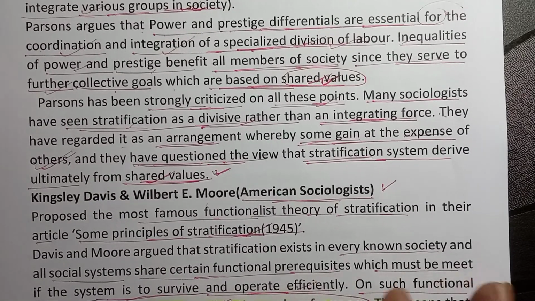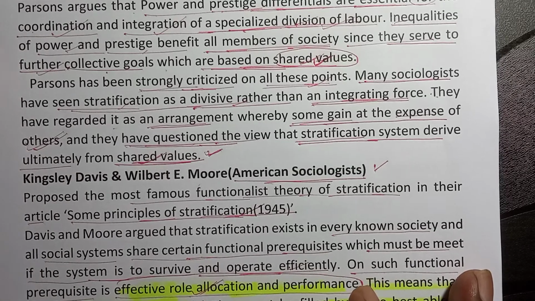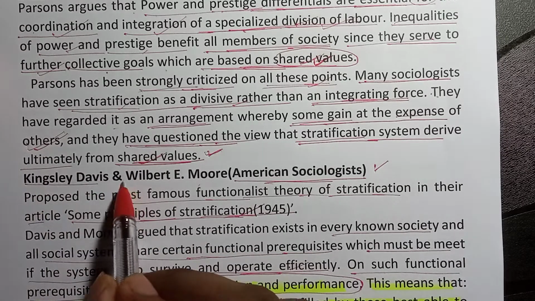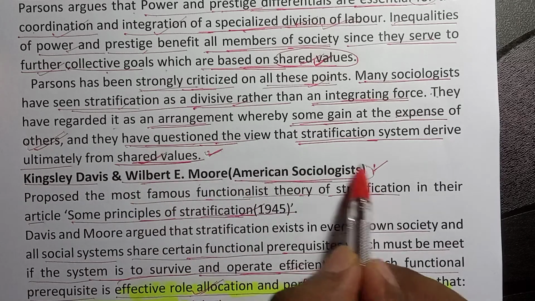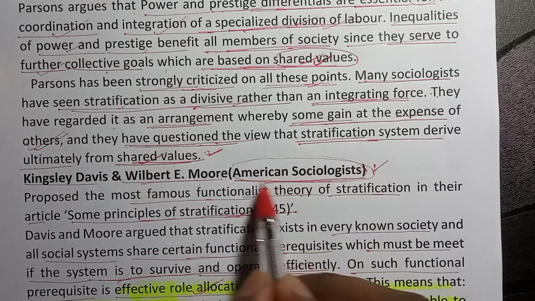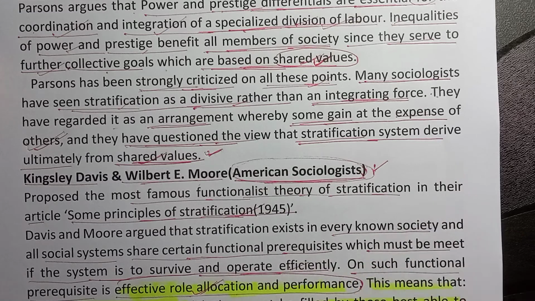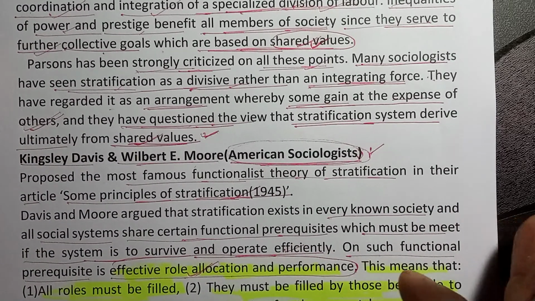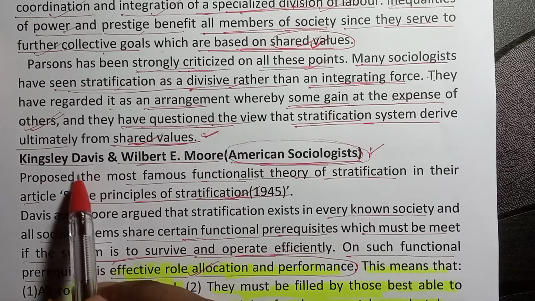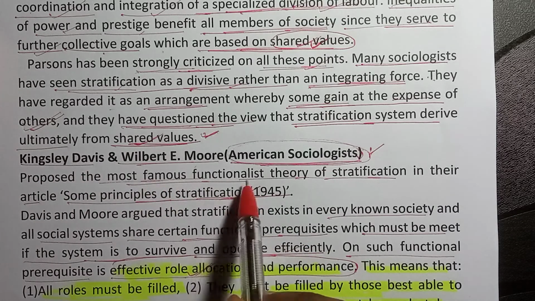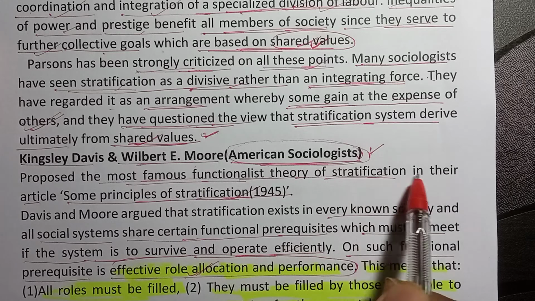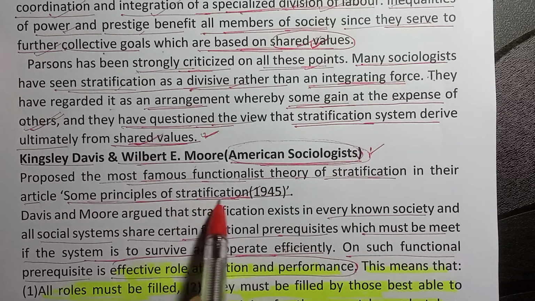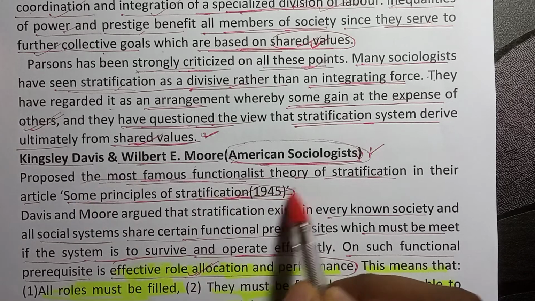Now let us see another structural functionalist theory by Kingsley Davis and Wilbert E. Moore. They both are American sociologists, and Talcott Parsons is also an American sociologist. They proposed the most famous functionalist theory of stratification in their article, Some Principles of Stratification, in 1945.